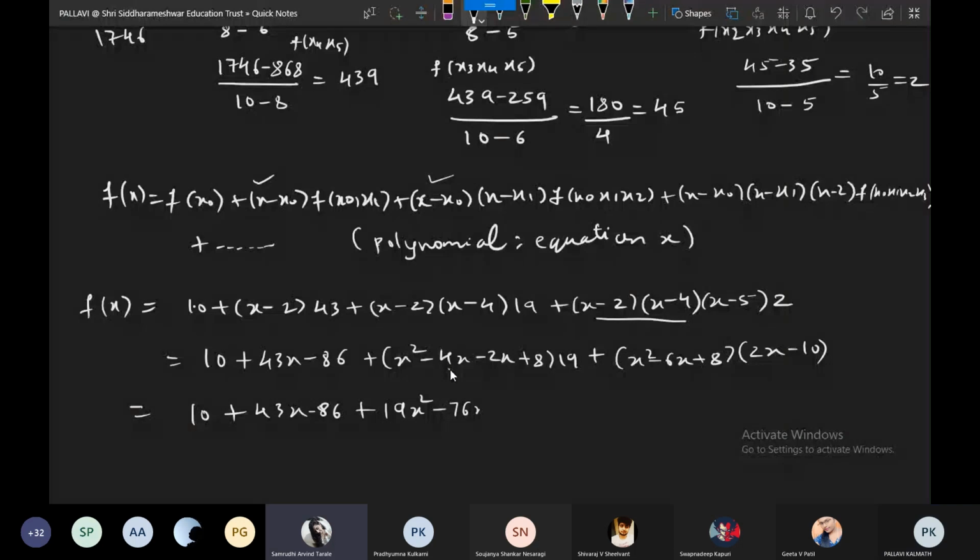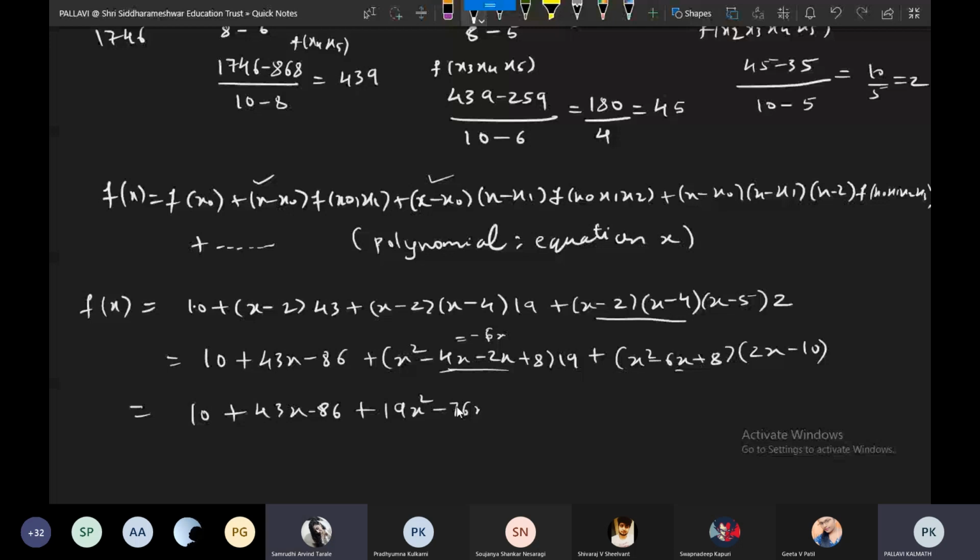Directly, instead of that, see here, this is minus 4x minus 2x, as we said, 6x. So shall I take it as minus 6x and multiply? So 19 into 6, I'll write 114.